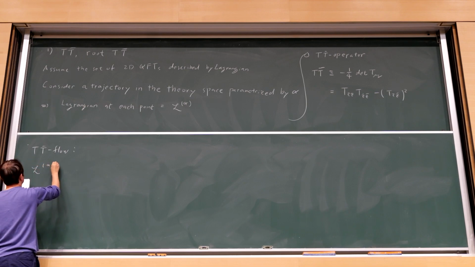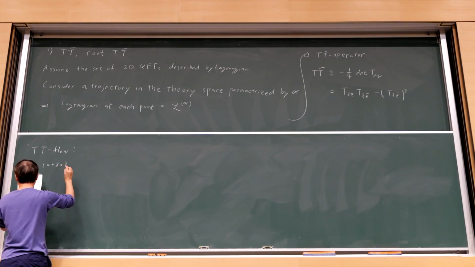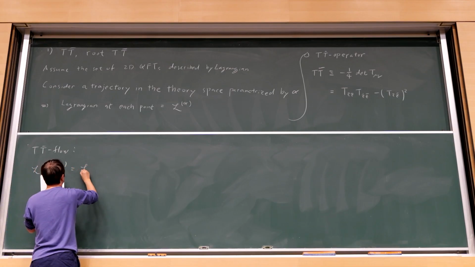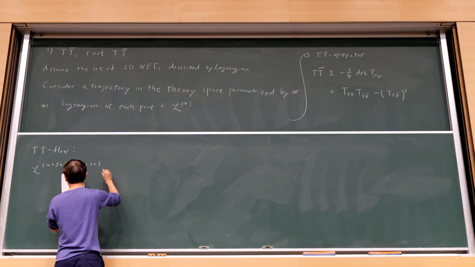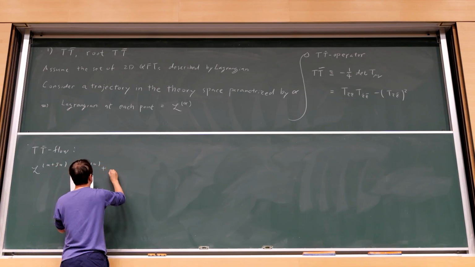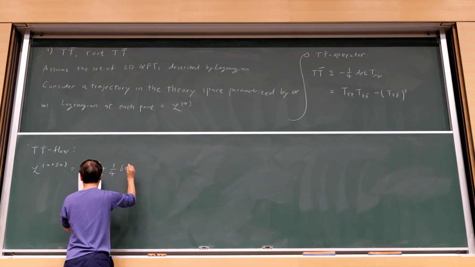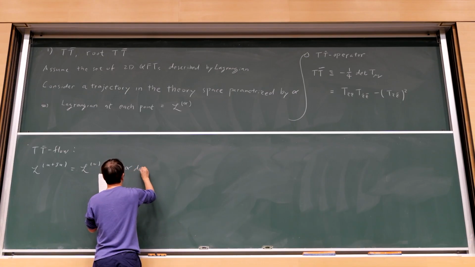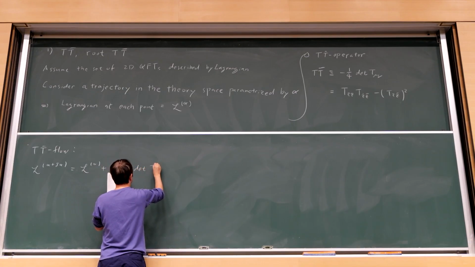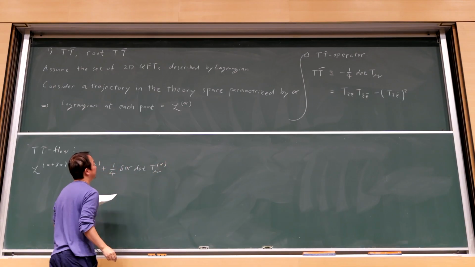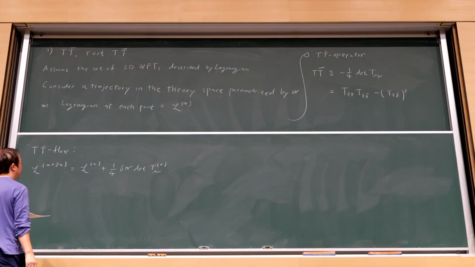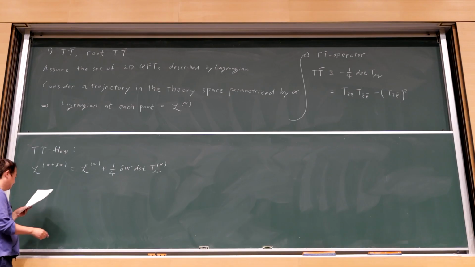Del alpha L alpha equals determinant of T mu alpha. So, okay, this is the definition of TT bar flow.